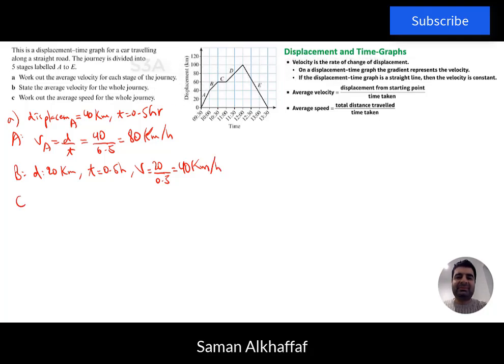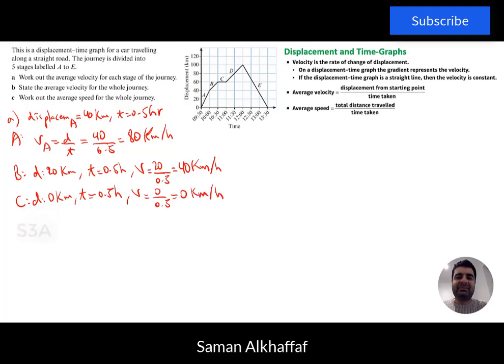For part C, we have the displacement to be 0 kilometers and the time to be 0.5 hour. So the velocity will be 0 over 0.5, which gives 0 kilometers per hour.